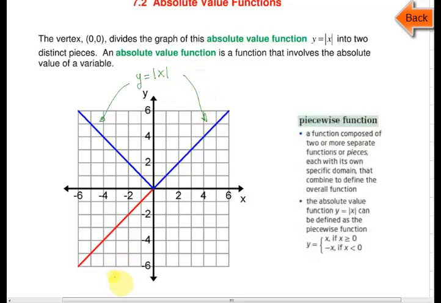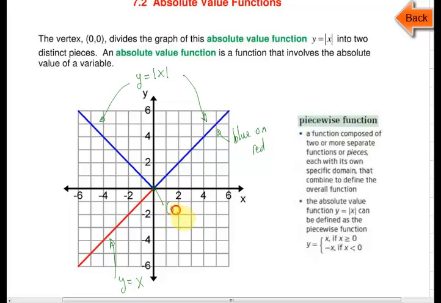And the red part actually extends above the x-axis, because this part of the graph is blue on red. So it actually does extend above the x-axis. This is y equals x. So the vertex is right here.